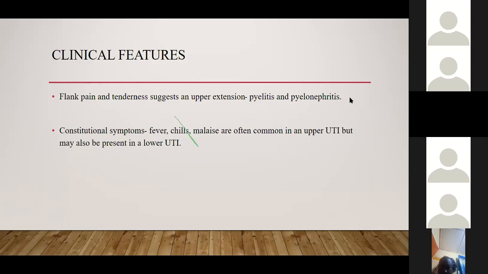Of course, UTI, just like other infections, will come with constitutional symptoms like fever, headaches, vomiting, nausea, chills, general body pains, all of that. It's usually more severe if we are dealing with UTIs in the upper aspect of the urinary tract.